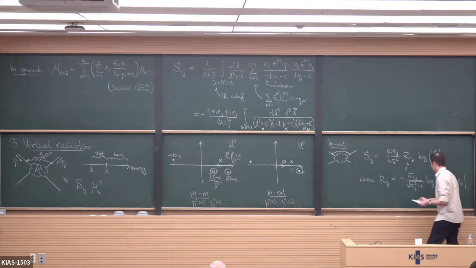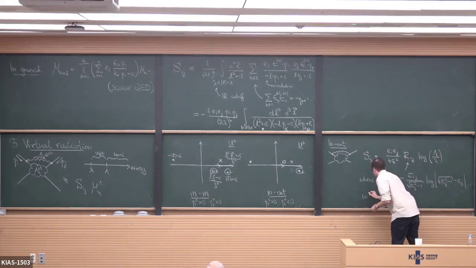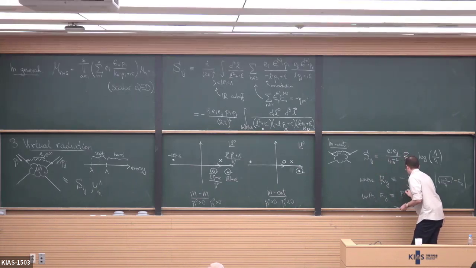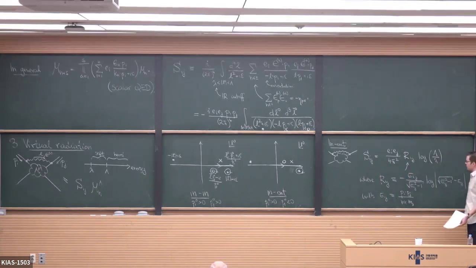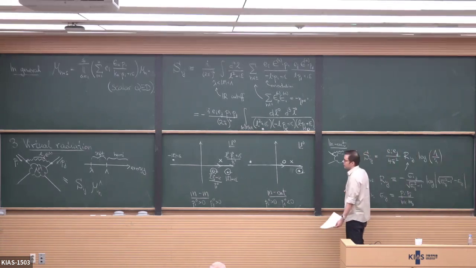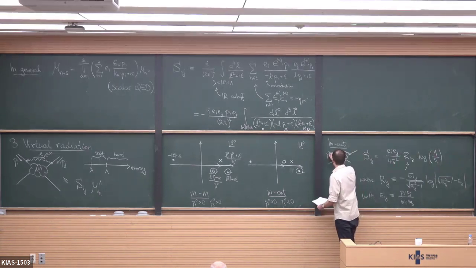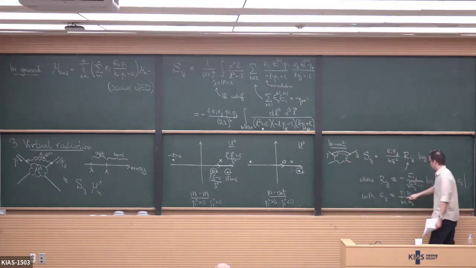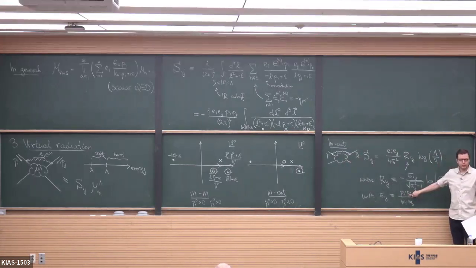Okay, with sigma ij simply denoting pi dot pj divided by the masses of the particles. So you can work out that in the case in which pi and pj are incoming and outgoing, this dot product has to be negative.